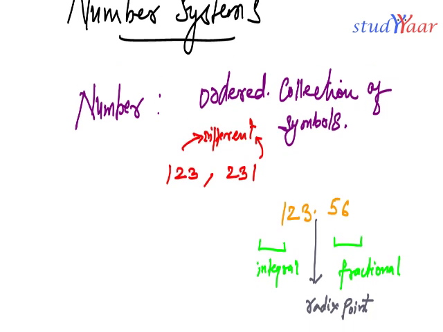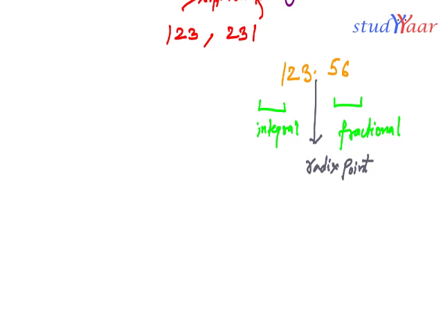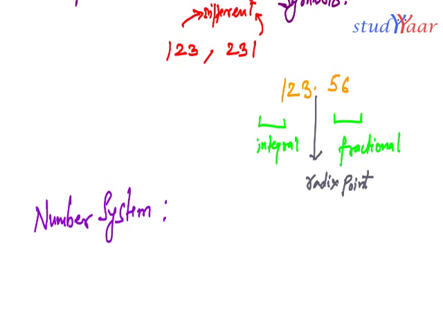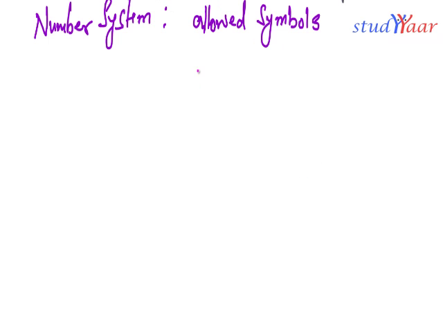So now that we have defined what a number is, let's understand what we mean by a number system. I say a number system is something that allows me to specify the allowed symbols. Let's understand what we mean by allowed symbols.